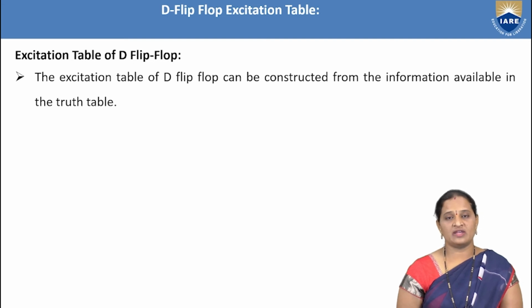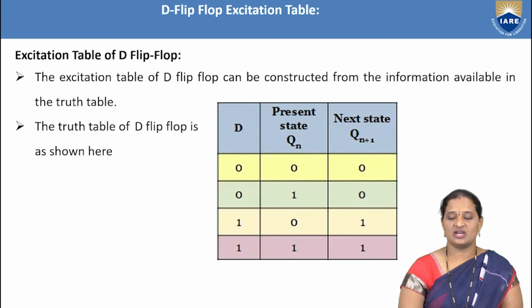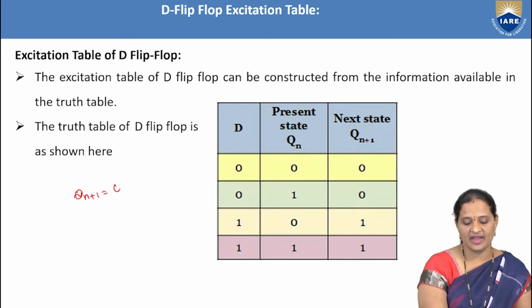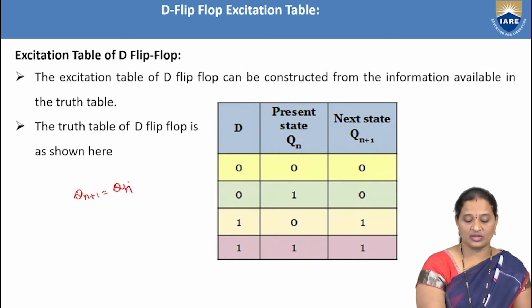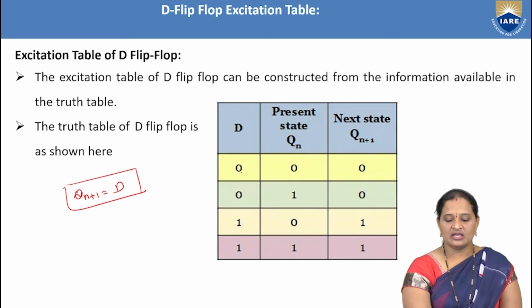In order to derive the excitation table, consider the truth table of the D flip-flop, which is shown here. As I told you, irrespective of the present state, the next state is equal to the data input. From the definition, Qn+1 is equal to D. So here I'm taking the data input and the present state Qn: 0 0, 0 1, 1 0, 1 1.